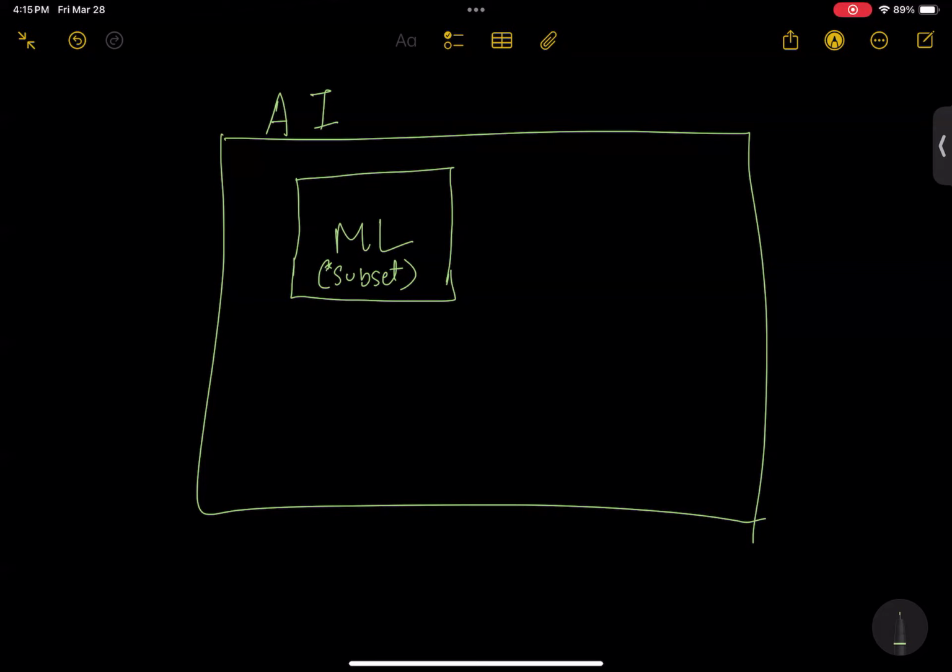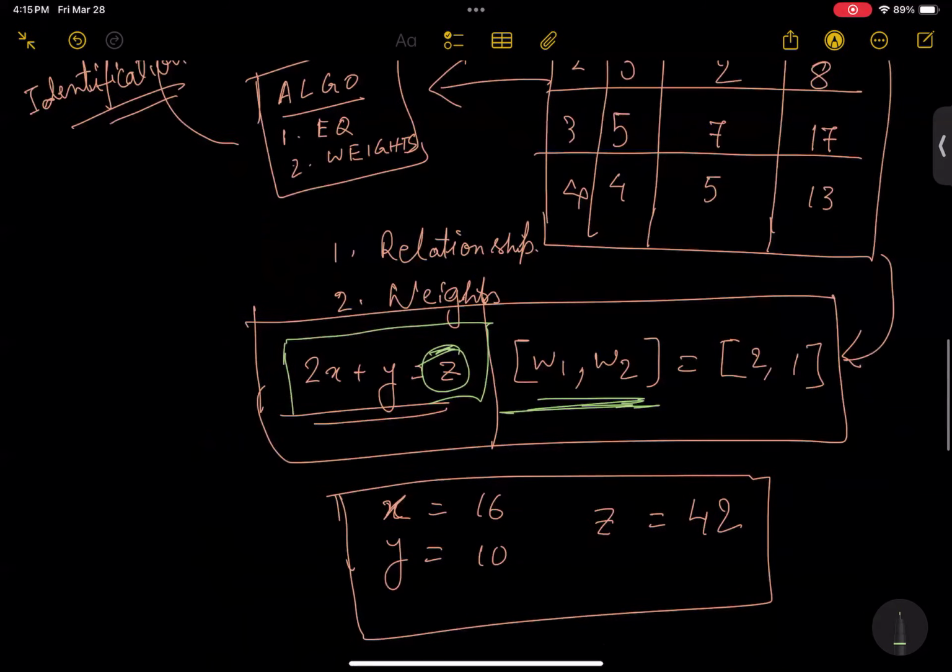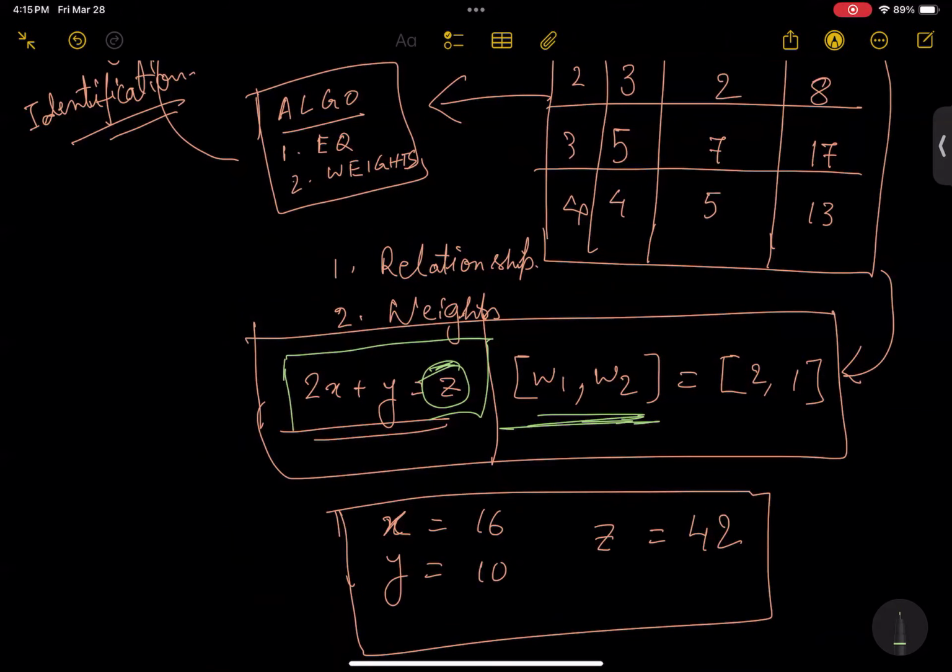So the core idea of machine learning is that instead of you writing the rules for solving a problem, it is not an if-then-else system. You are not saying, hey machine, I'm giving you the equation 2x plus y equals z, just tell me whether the output for 16 and 10 is 42 or not.